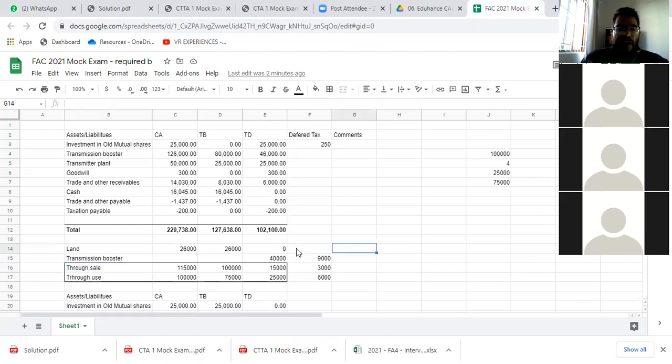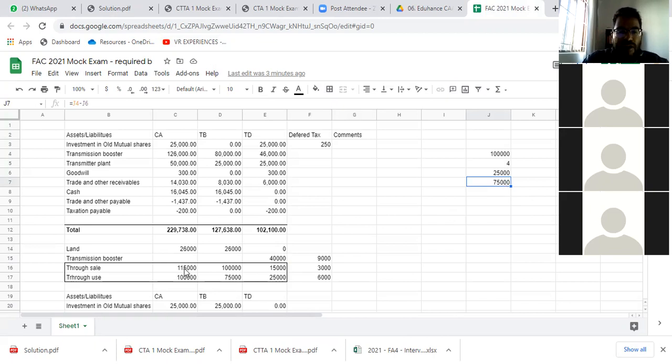Then the transmission, the carrying amount needs to be the fair value as at 31 December 2019, which is 115,000. Your tax base is the 75,000, but you can't simply say 115 minus 75 because there are two aspects to this. The way you're benefiting from the asset is both through use and through sale.